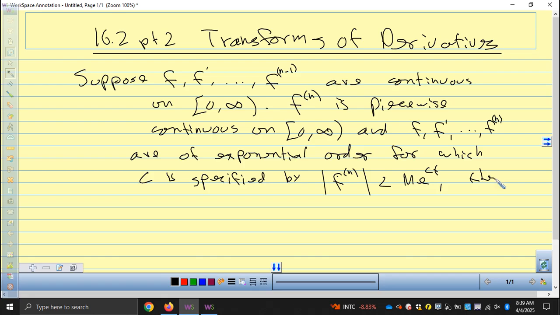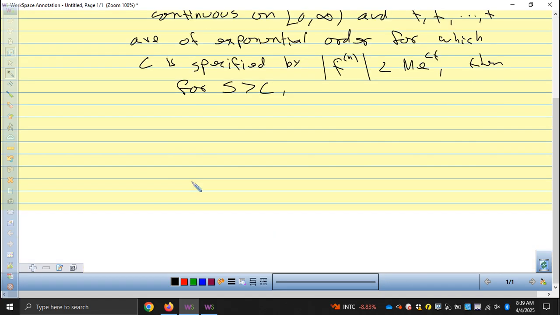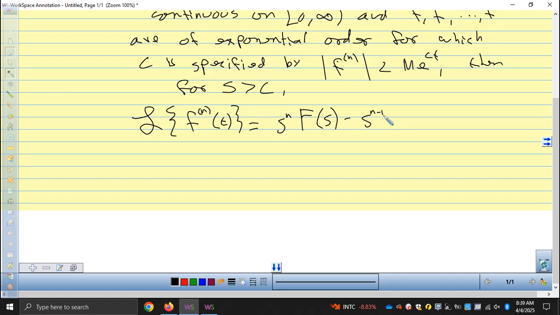Then for s greater than c, we have the Laplace transform of our nth derivative is s to the n times the Laplace transform of our function, minus s to the n minus 1 times our function evaluated at 0, minus s to the n minus 2 times the derivative of our function evaluated at 0, minus, and so on, minus the n minus first derivative evaluated at 0.